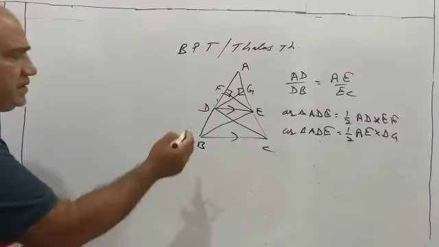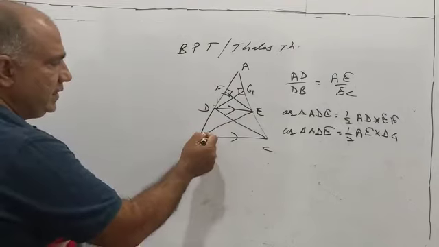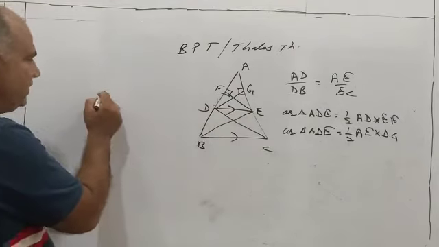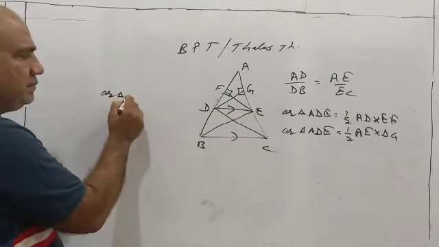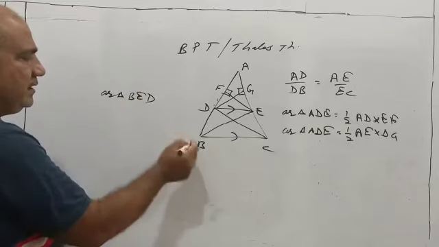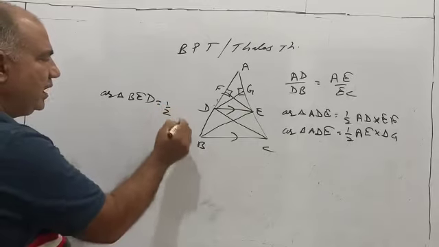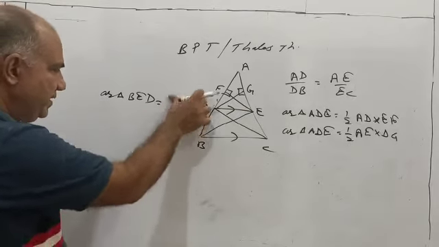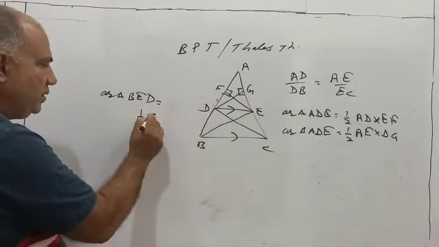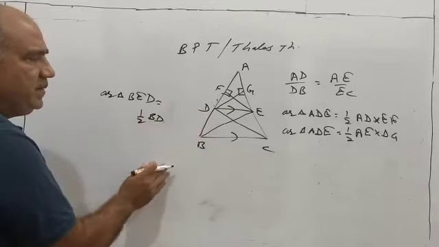Now also I will try to find out the area of triangle BED, and that will be equal to half into BD, I have taken as base.